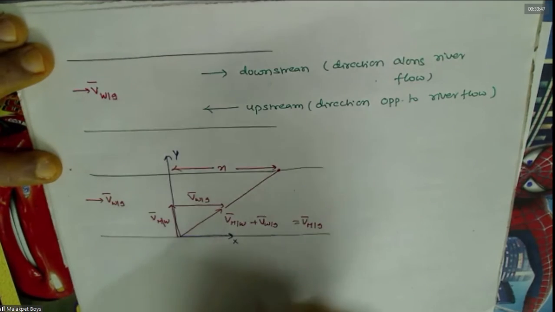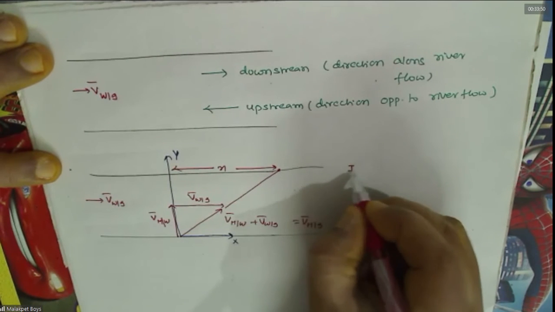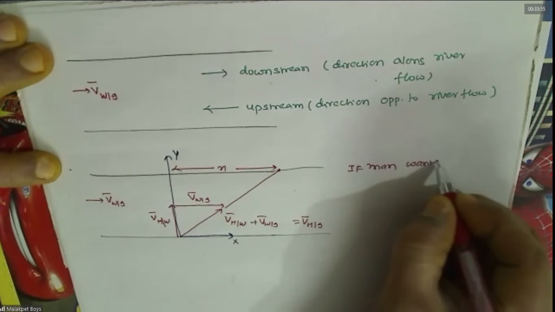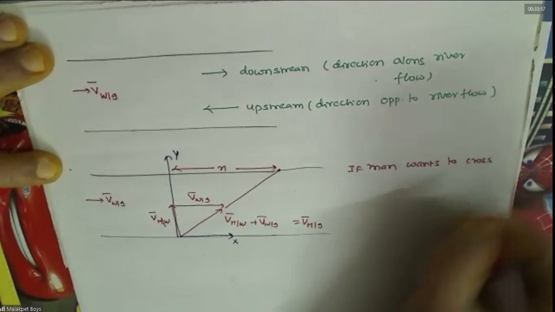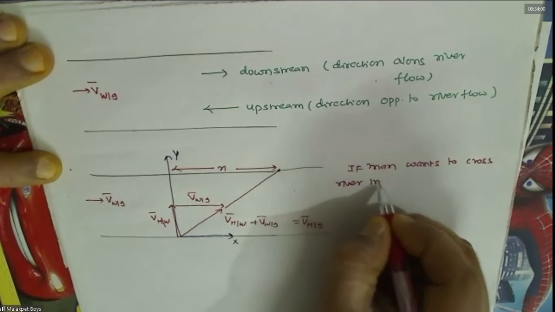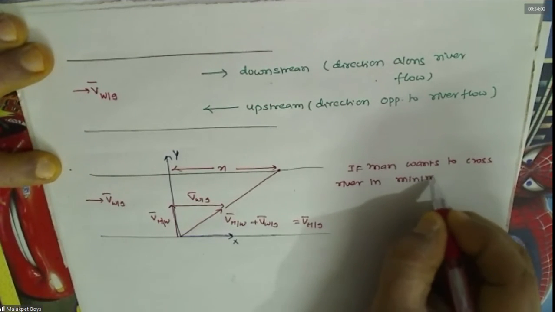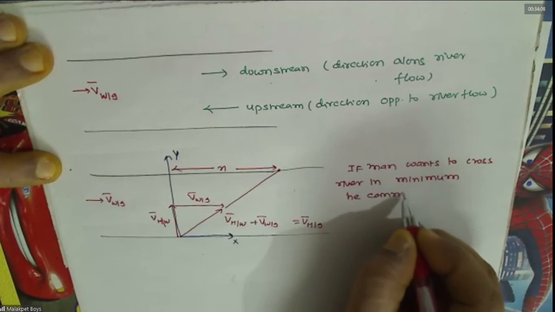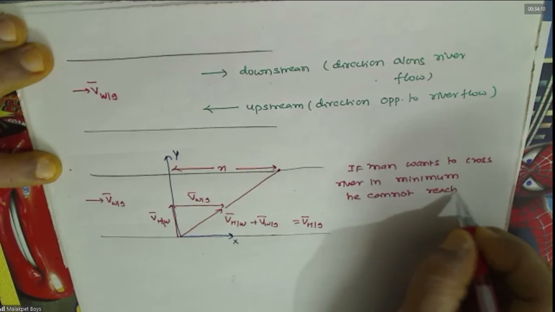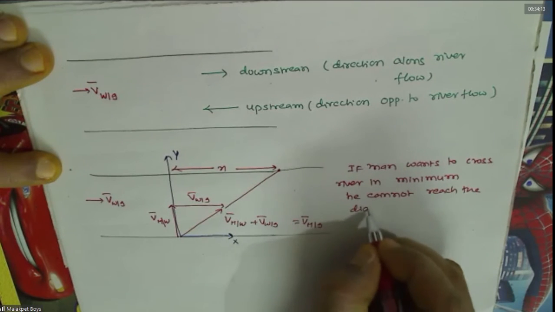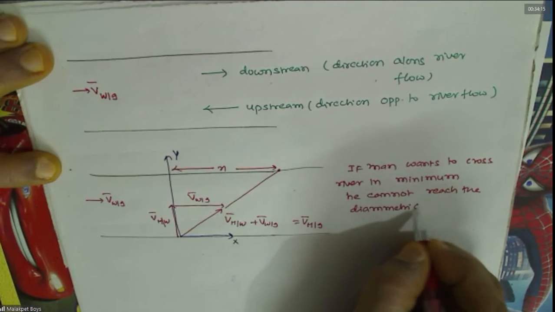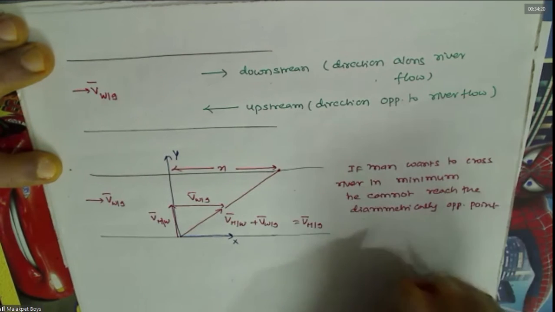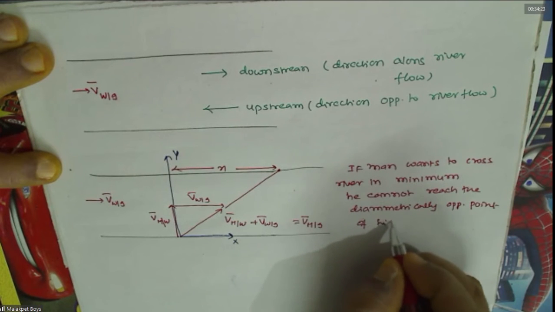So in this case, if man wants to cross the river in minimum time, he cannot reach the diametrically opposite point of his starting point.